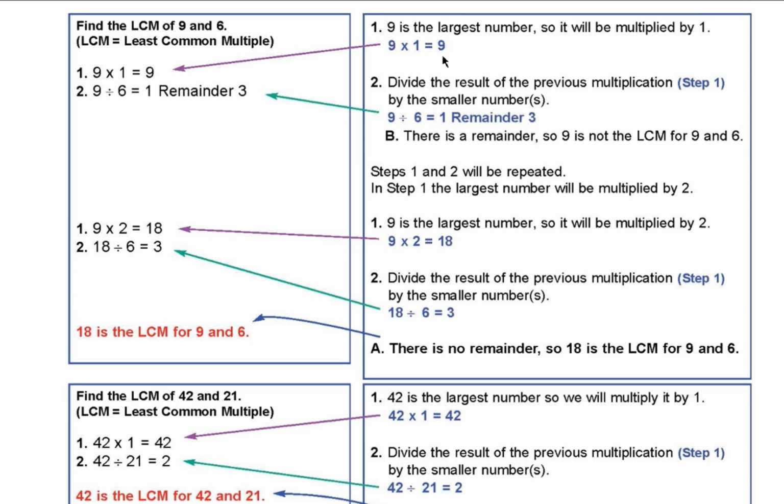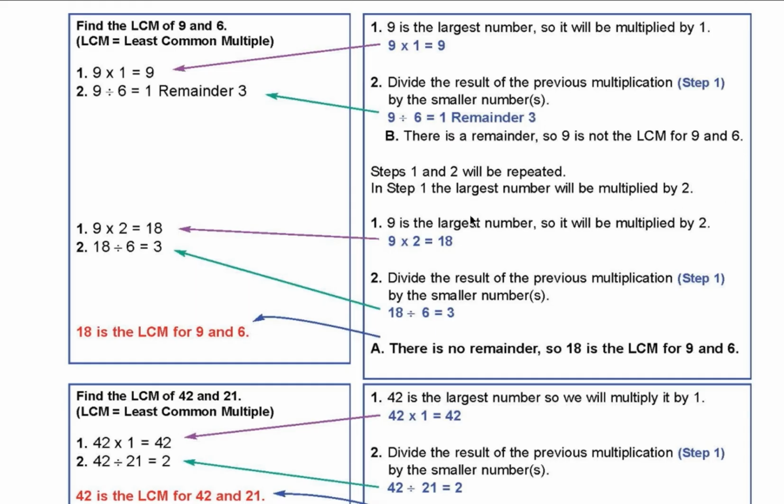We then divided that result by the smaller number, 6, and got 1 with a remainder of 3. Since there was a remainder, 9 is not the least common multiple for the numbers 9 and 6.